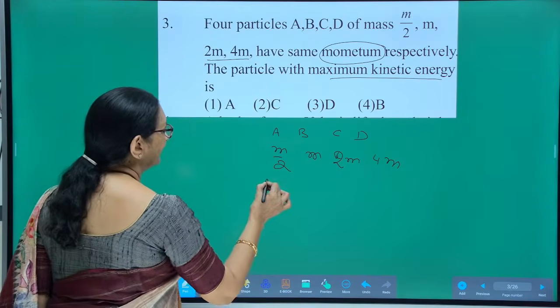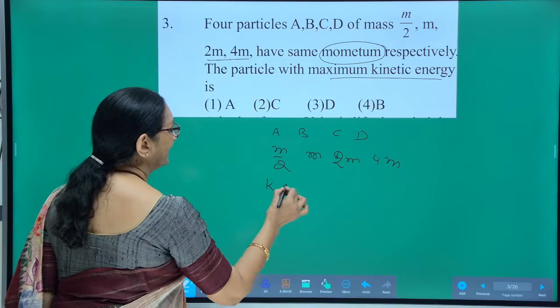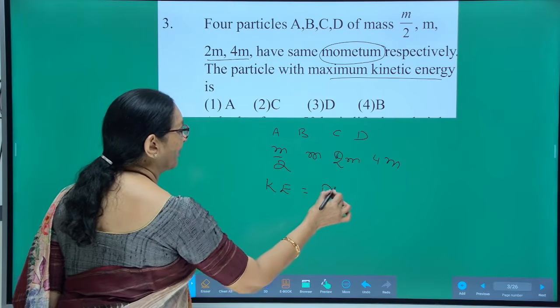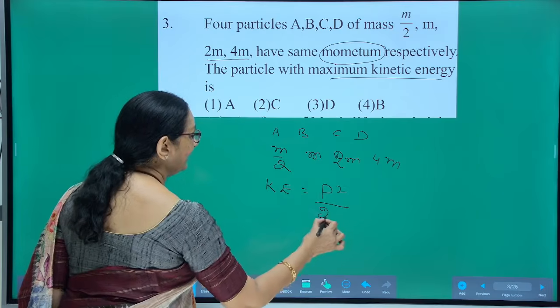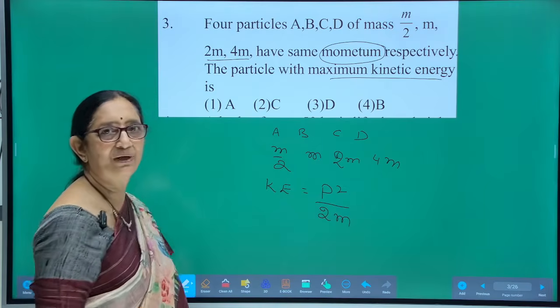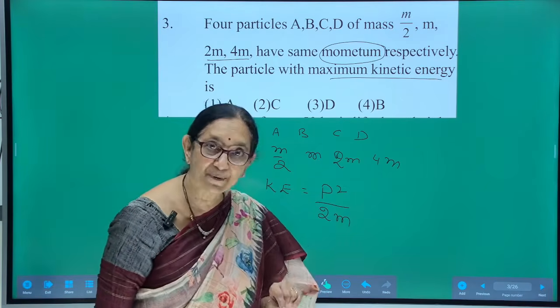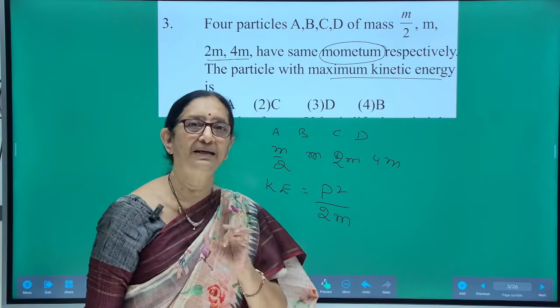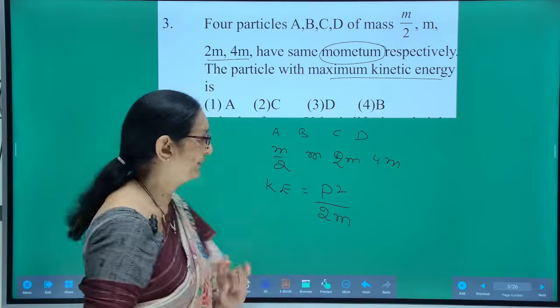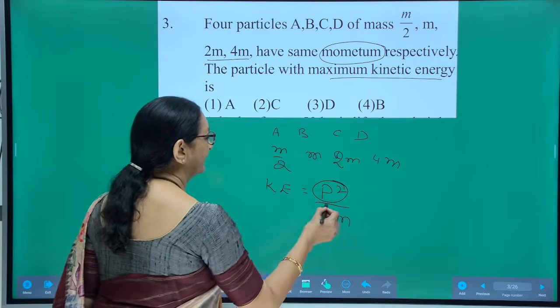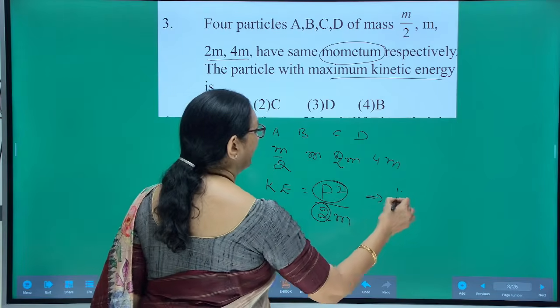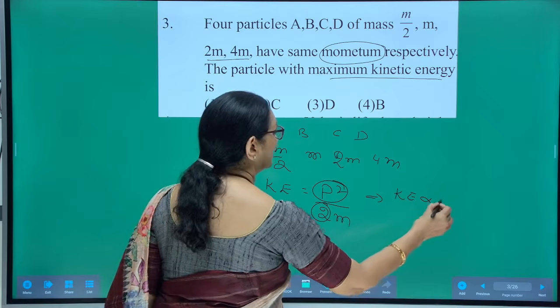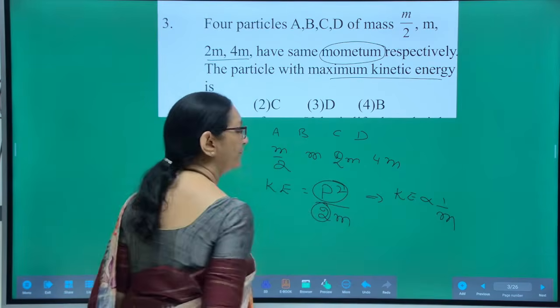So, here the relation between kinetic energy and momentum is KE is equal to p square by 2m. In this problem, all the particles have different masses, but their momenta are the same. So, p is constant, 2 is constant, implies KE is inversely proportional to mass.